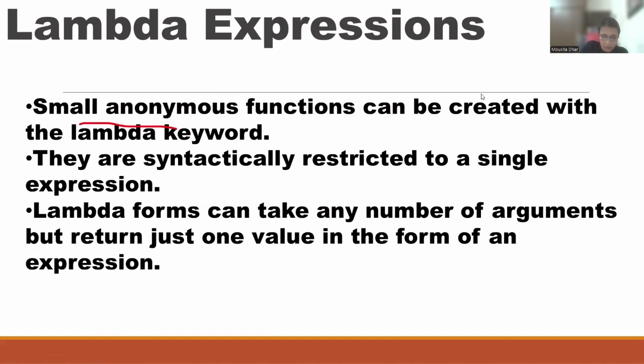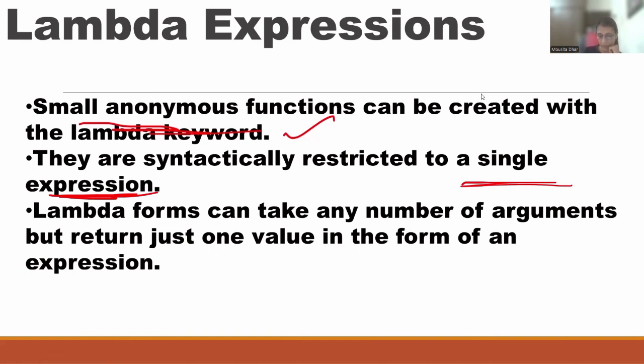This small anonymous function can be created using a lambda keyword. They are syntactically restricted to a single expression. This one is very important. With the help of lambda, we are writing a function, but that is restricted to a single expression, one line only. Also, a very small function can be created using the concept of lambda.